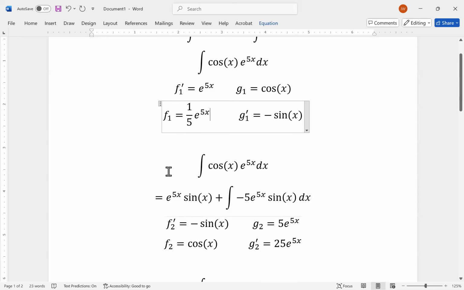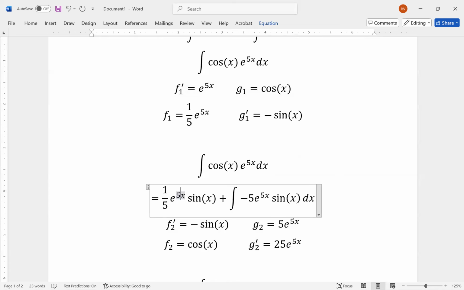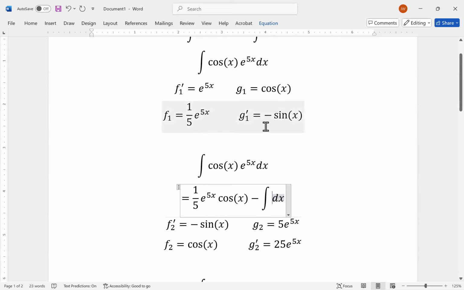My new f times g would be 1/5 e to the 5x times cosine, minus f times g prime.